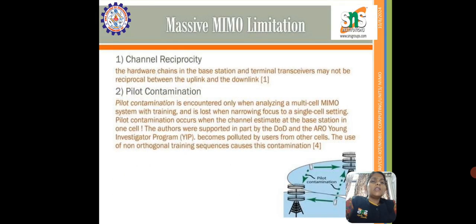Channel reciprocity: the hardware chain in the base station and terminal transceivers may not be reciprocal between uplink and downlink. Pilot contamination is encountered only when analyzing multiple cell MIMO systems with training, and is lost when narrowing focus to a single cell setting. Pilot contamination occurs when the channel estimation at the base station in one cell is affected.